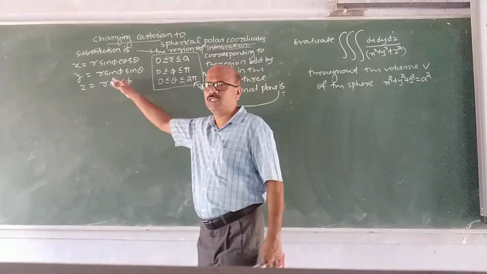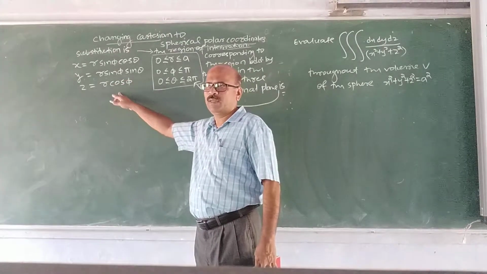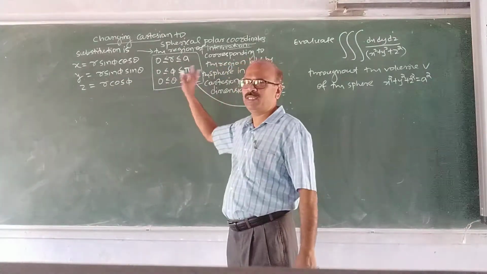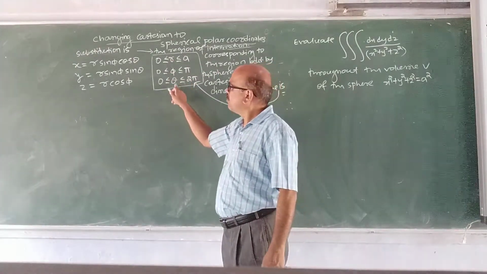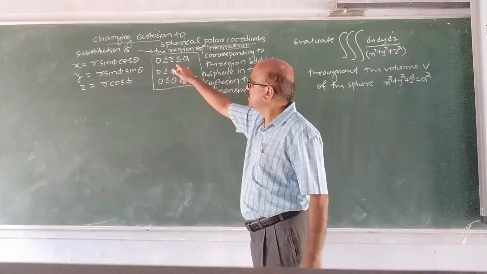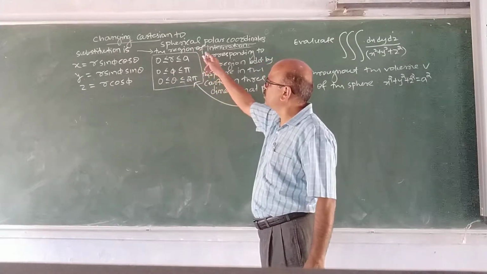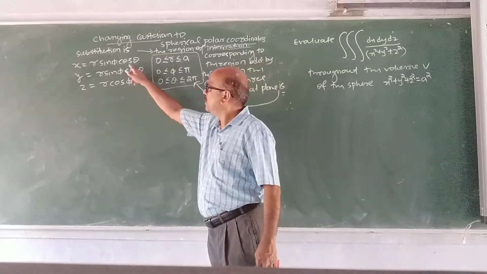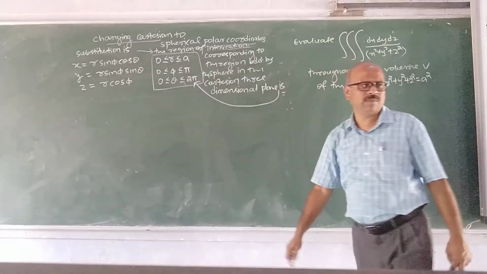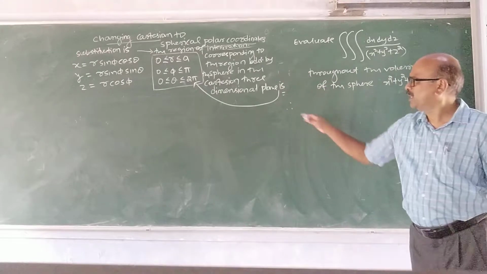Using this substitution also will be given, but the limits you have to remember. These are the limits for r, phi and theta. This is the substitution. These are the limits of integration. You repeat that one here.